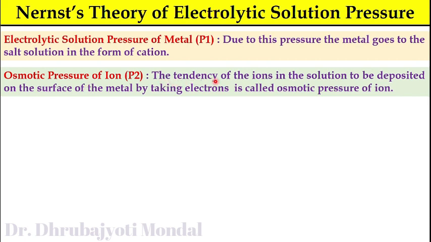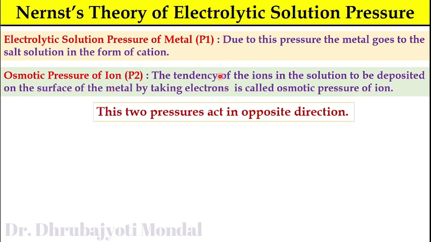The tendency of the ions in the solution to be deposited on the surface of the metal by taking electrons is called the osmotic pressure of the ion. For example, consider the osmotic pressure of the ion for a copper electrode, where the electrolyte is cupric sulfate.